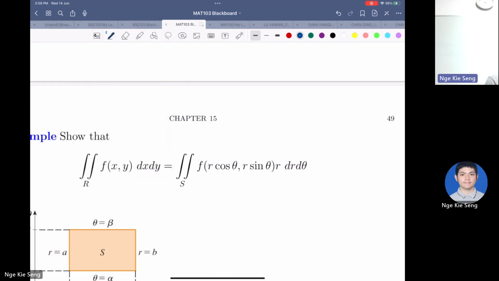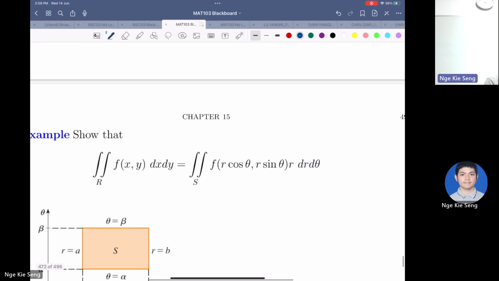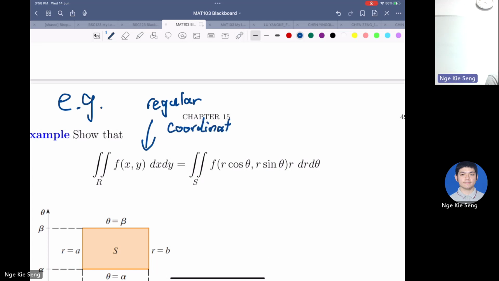This is a regular coordinate, and we want to turn it into a polar coordinate. So what's the formula given there?